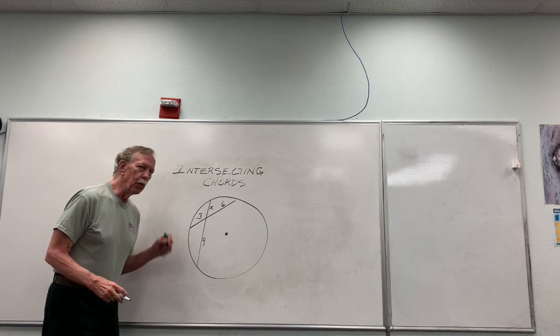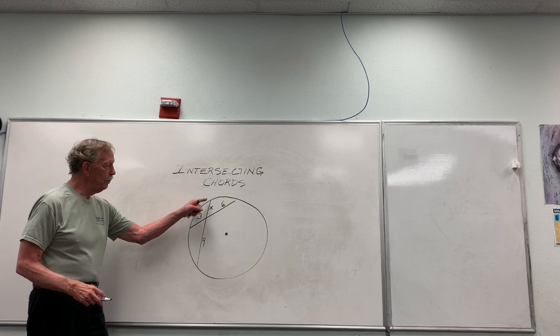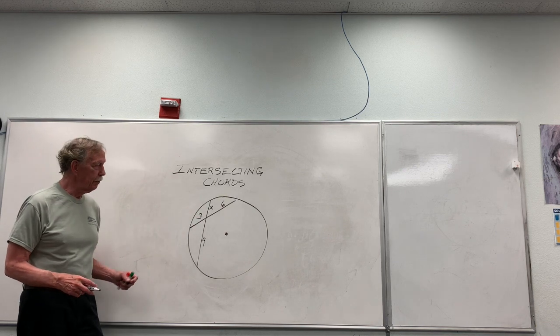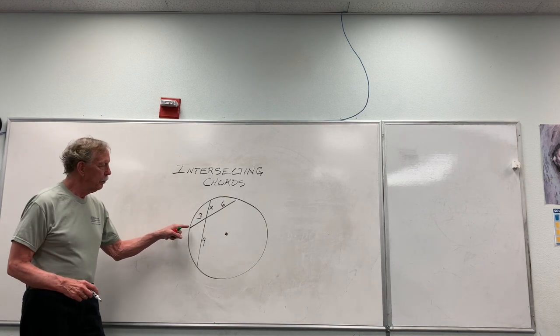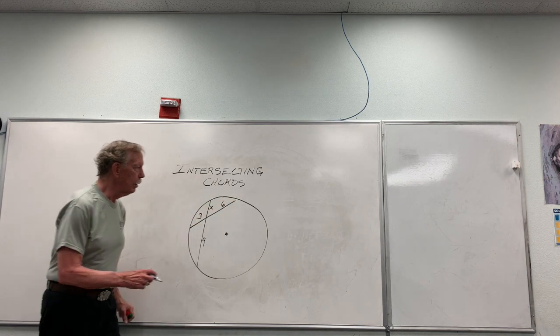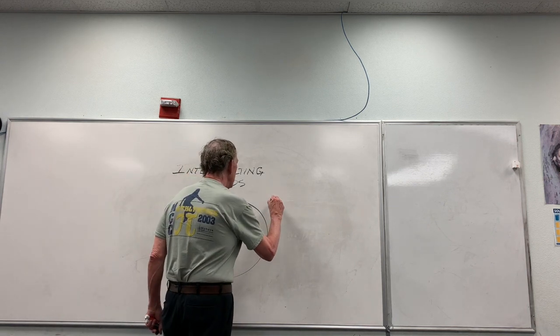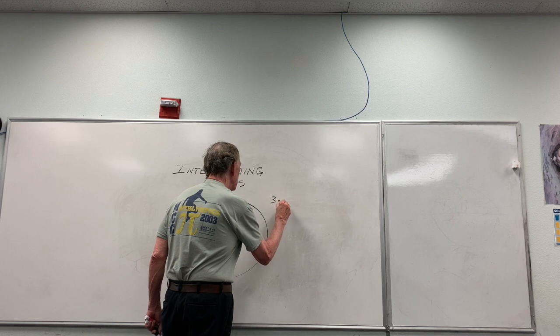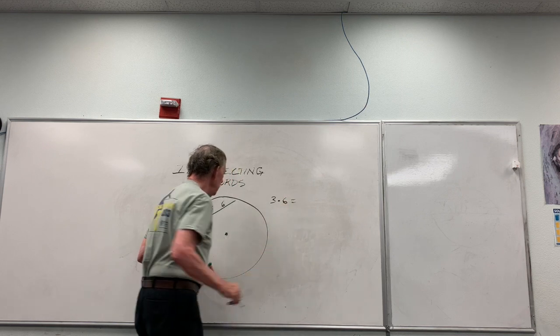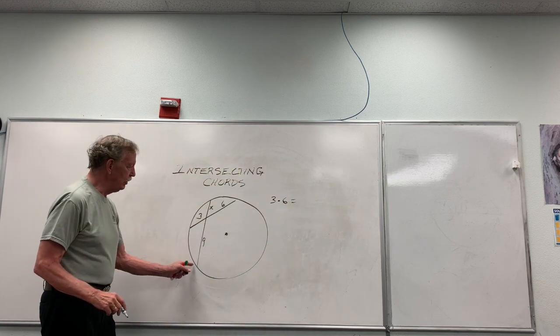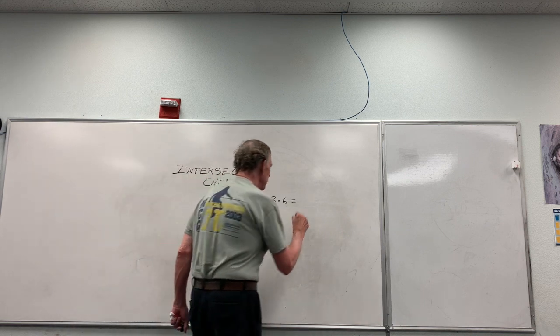In this example, we can find this piece here using that relationship. Product of the pieces of this chord will equal the product of the pieces of that chord.